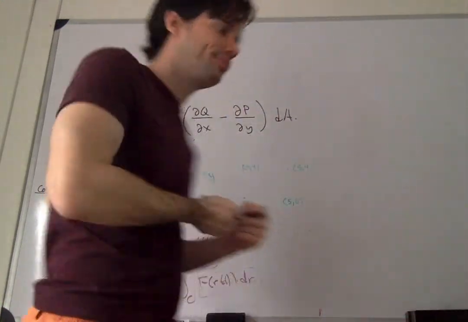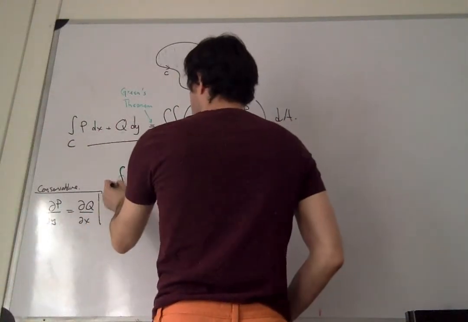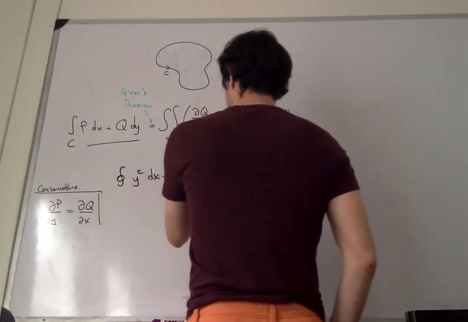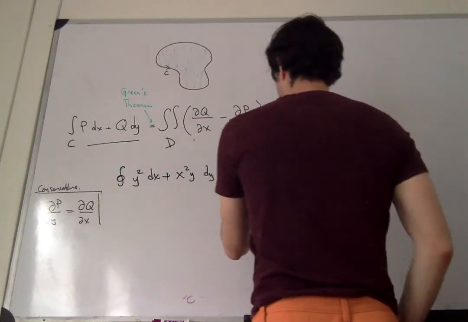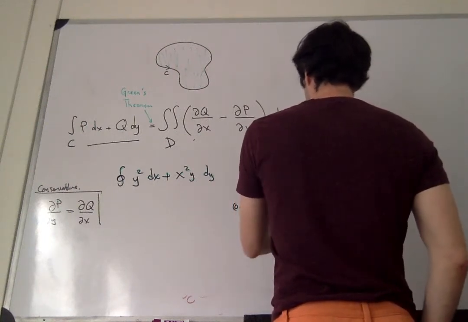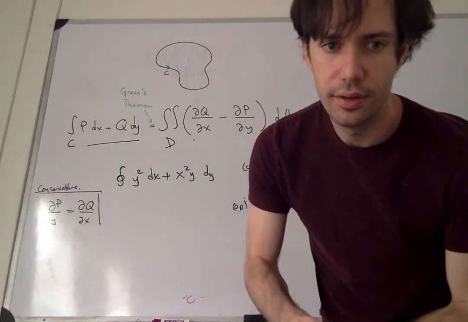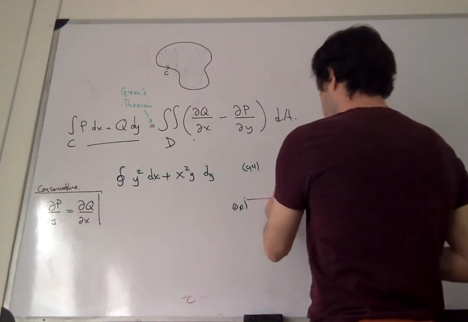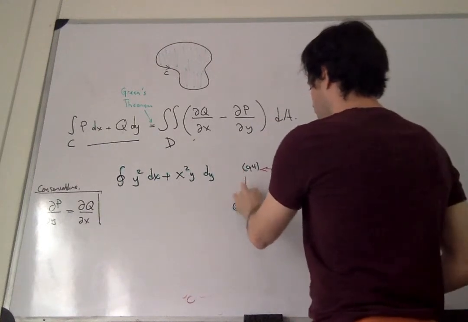Let's do an example. So our function is this right here, and we have a rectangle, and we want to consider the curve that goes from (0,0) to (5,0) to (5,4) to (0,4) to the origin.